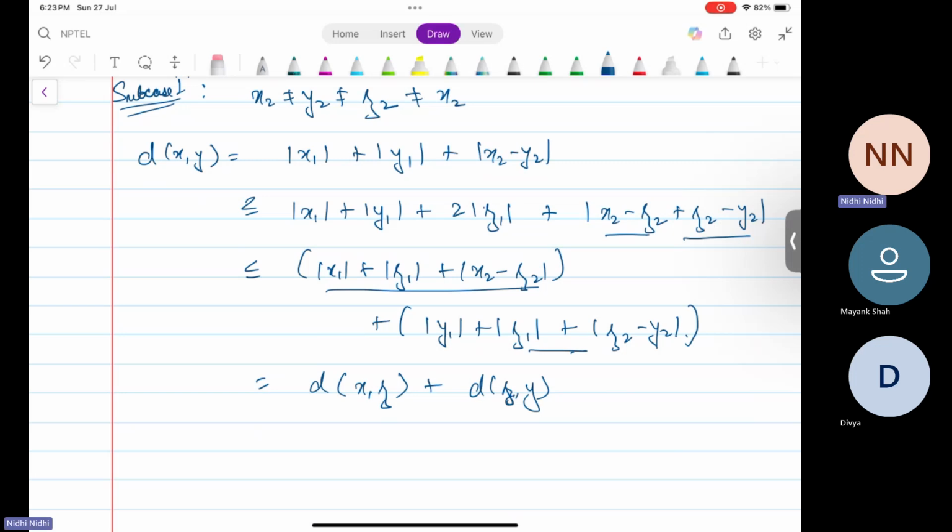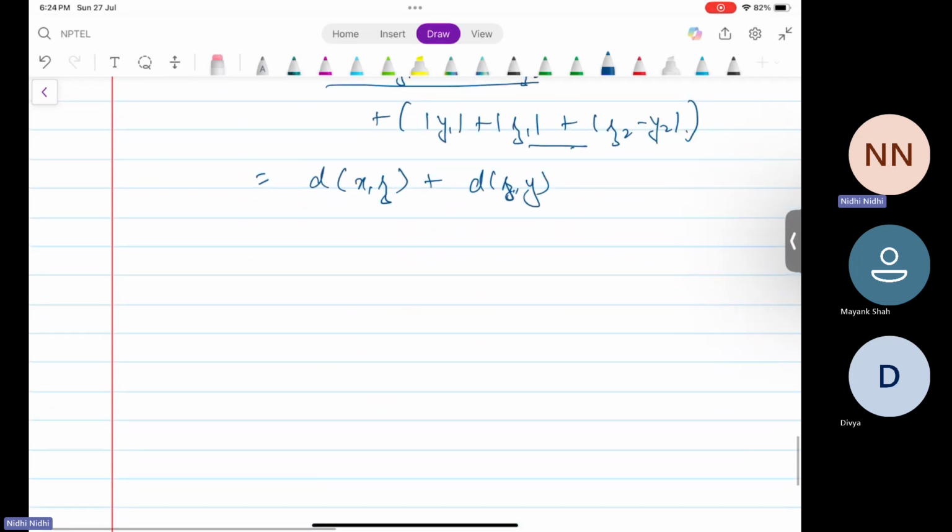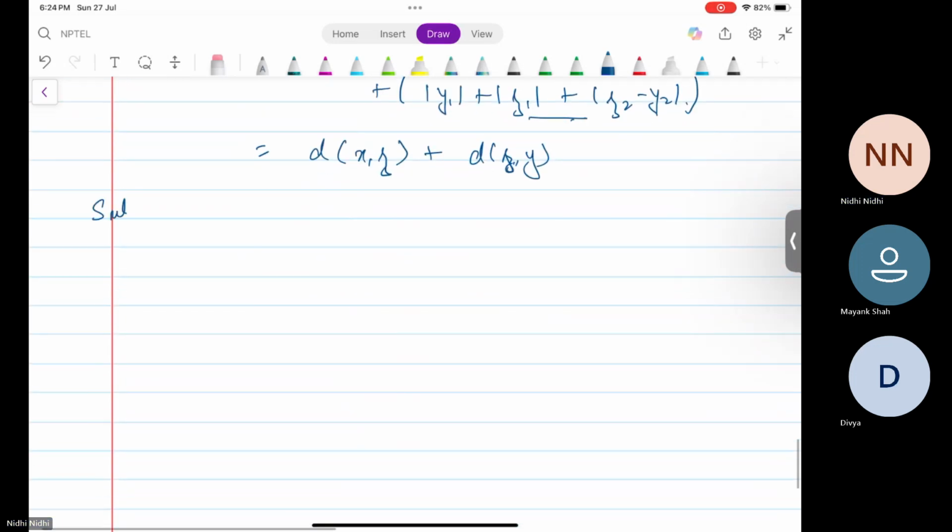Then we'll move to the next case when x2 is not equal to y2, but z2 is equal to y2. Subcase 2. In fact, subcases 2 and 3 are the same. I'll leave 3 for you and show how this case is done. x2 is not equal to y2, but y2 is equal to z2.